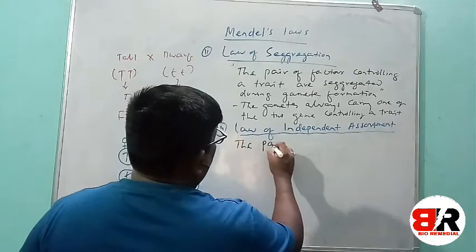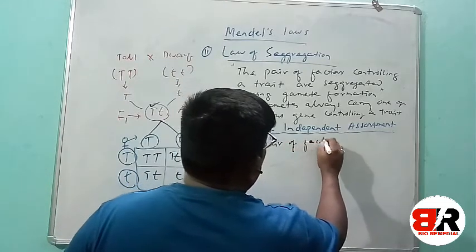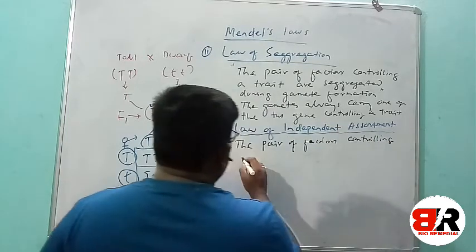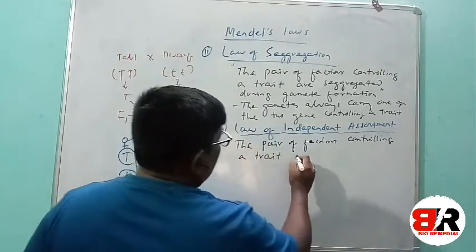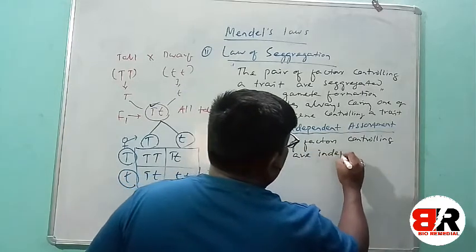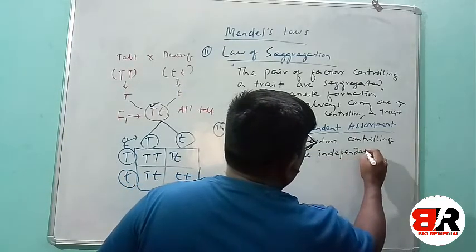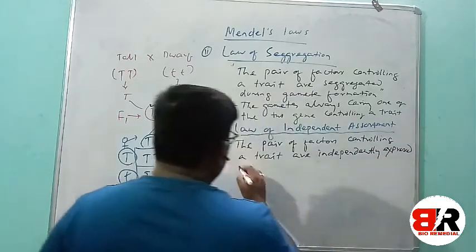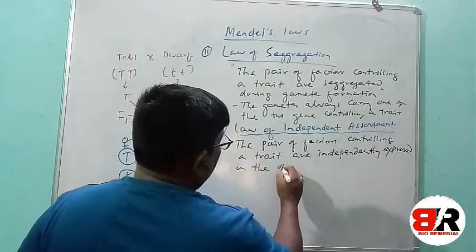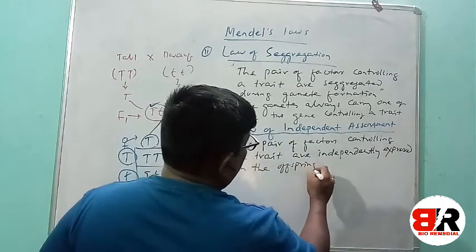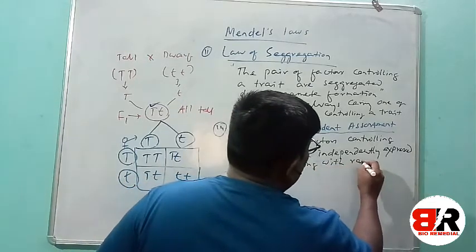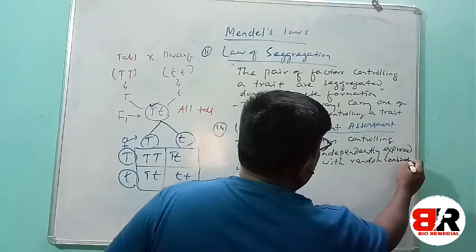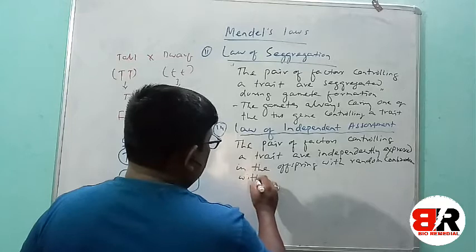The pair of factors controlling a trait are independently expressed in the offspring with a random combination with other factors.